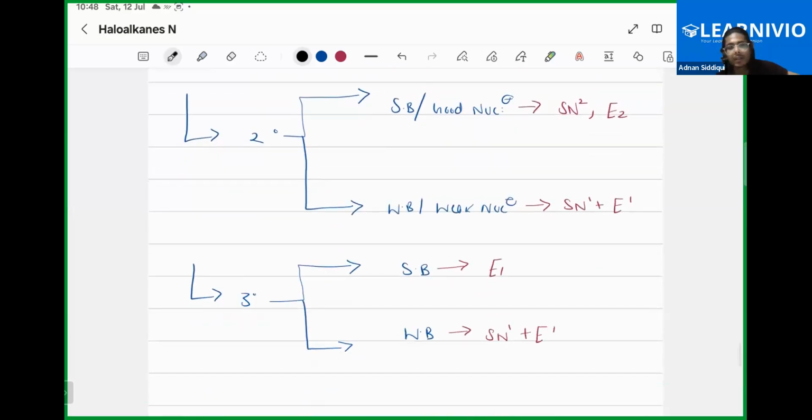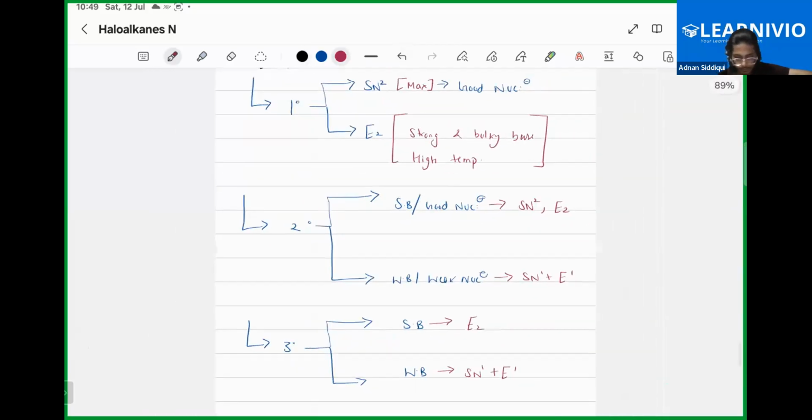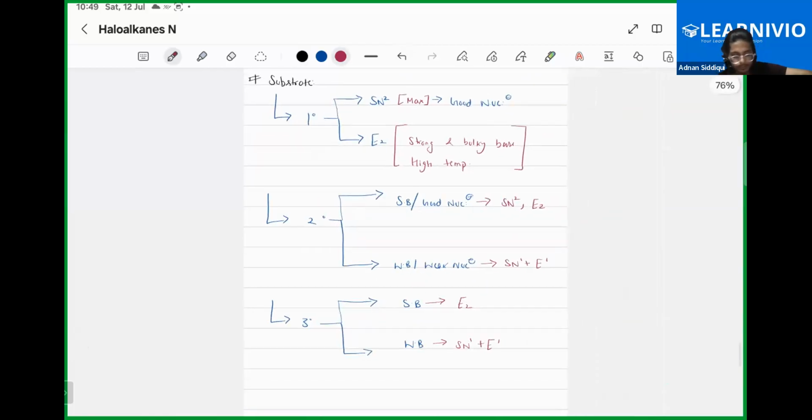If you have 3 degree substrate and strong base, you will observe E2. Sorry, I made a mistake again. It is E2, because for E2, which is bimolecular, strength of base is important. We will prefer a strong base, right?